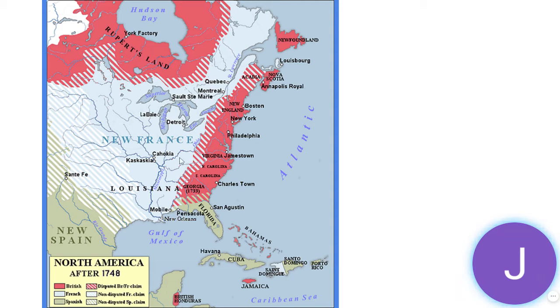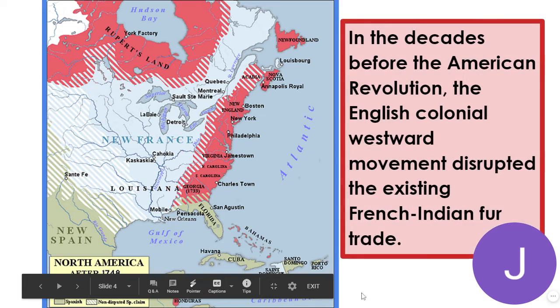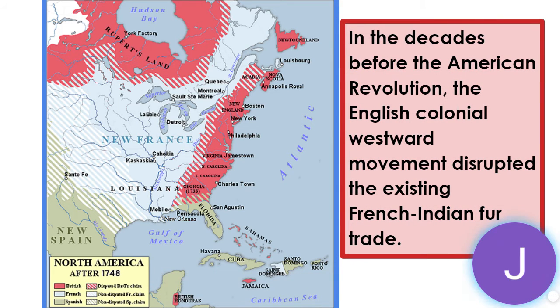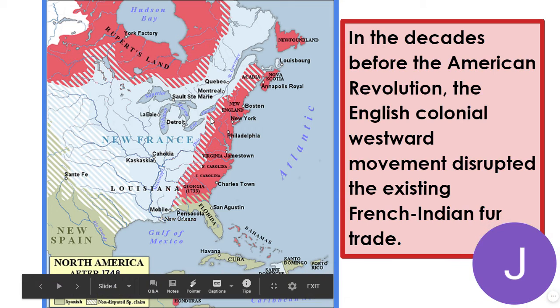But remember, the French are out here doing this fur trading, working alongside the Native Americans. This map is before the French and Indian War. One of the things to also note is this little sidebar here, the English colonial westward movement. It did disrupt the existing fur trade and the deals that the French had with the Native Americans, especially in this area with the slash marks going around it.